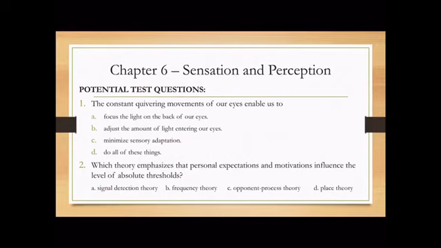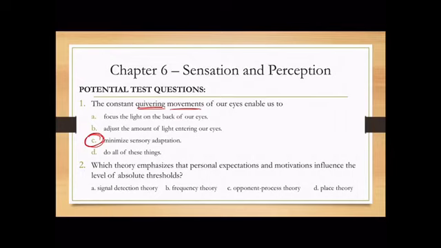Okay. The constant quivering movements of our eyes enable us to minimize sensory adaptation. So the whole idea here is if sensory adaptation is something that our bodies do, they start to ignore stimuli that are constant and unchanging, well, that would be a problem if that was the case with vision, right? Because then we couldn't stare at anything for too long without our vision just giving out on us.